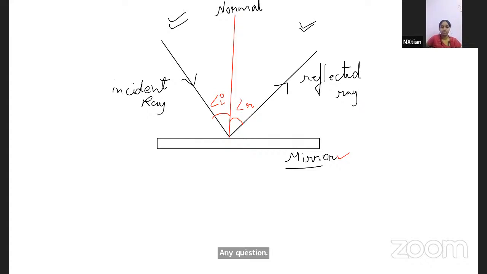So it's the same angle on both sides. Yes, Anian.